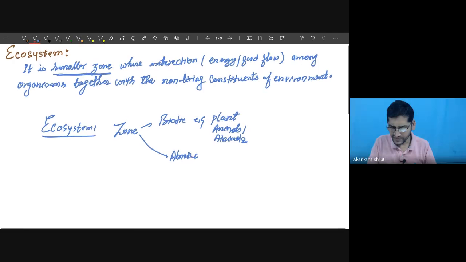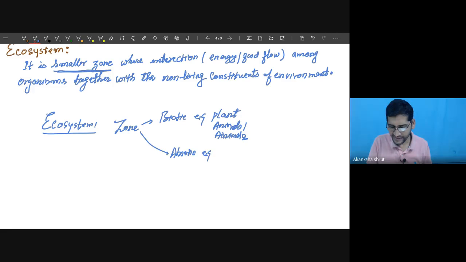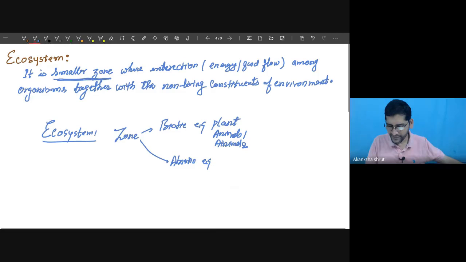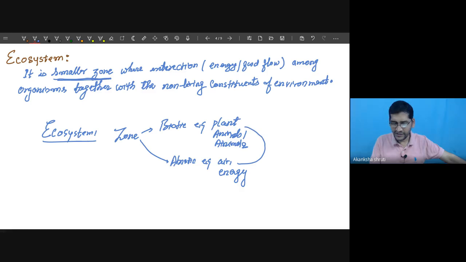Abiotic, or non-living. For example, there will be air, or rather the better term is energy, basically. So in this zone, for the survival of animals or plants, they need air and energy.